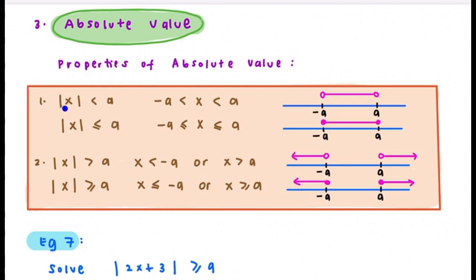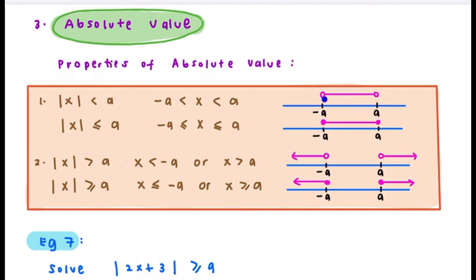You have the modulus of x less than a. If you see this symbol, modulus with the less than symbol, it is also equal to x is in between negative a up until a. If you represent it in the number line form, the number line is from negative a up until a.